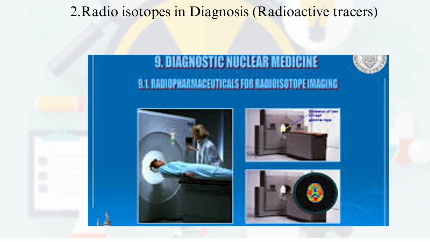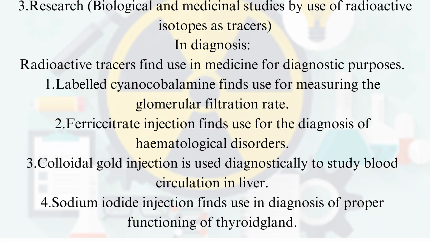Radioisotopes are used in diagnosis. They are used as radioactive tracers for detecting various diseases. In research, they are used for the biological and medicinal studies by the use of radioactive isotopes as tracers.